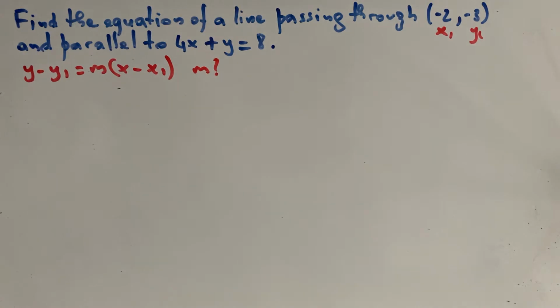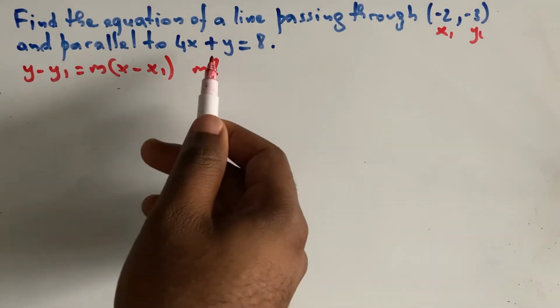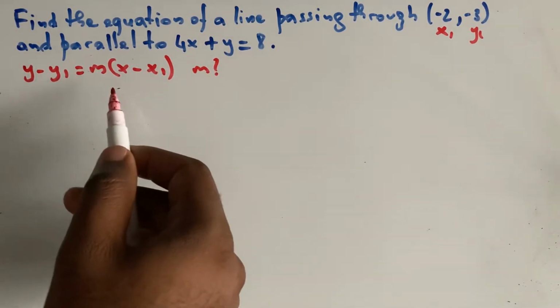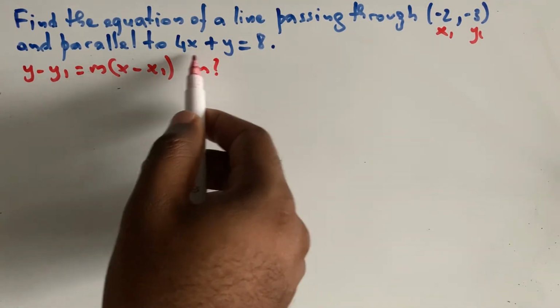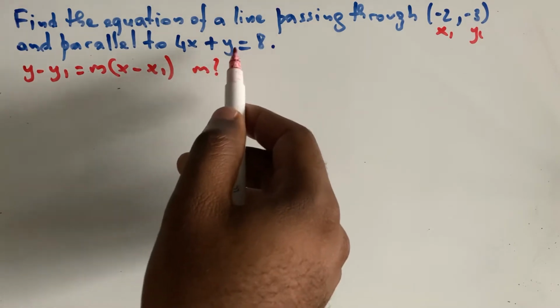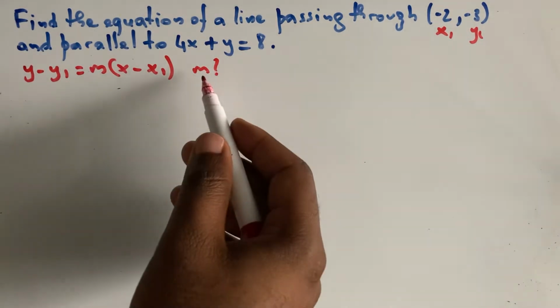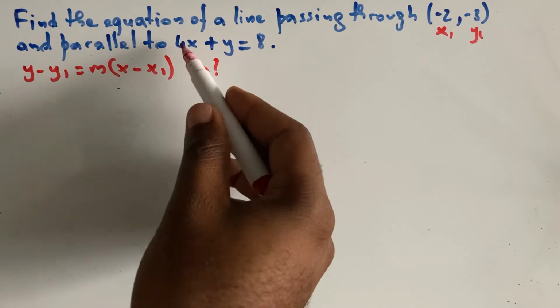But what they're saying here is that the line we need the equation of is parallel to another line, of which we have the equation right here. Well, we need the slope, and we know the line we need is parallel to another line.